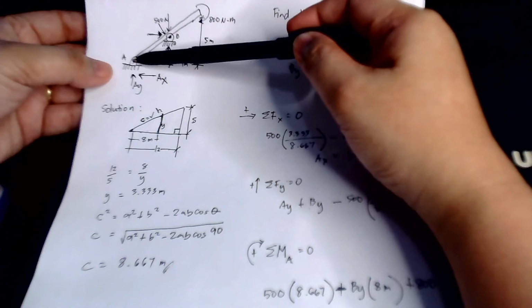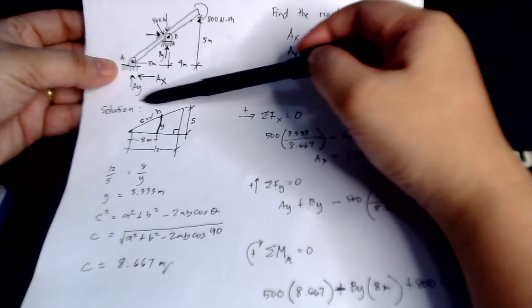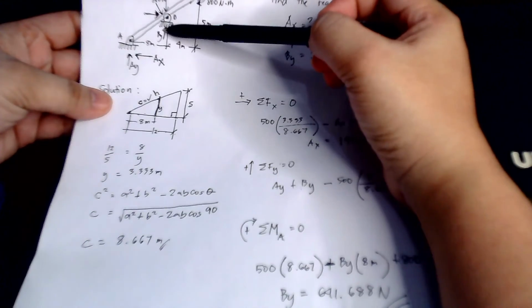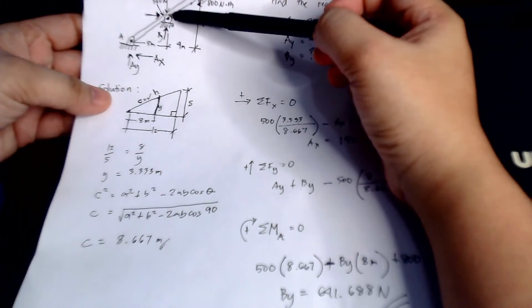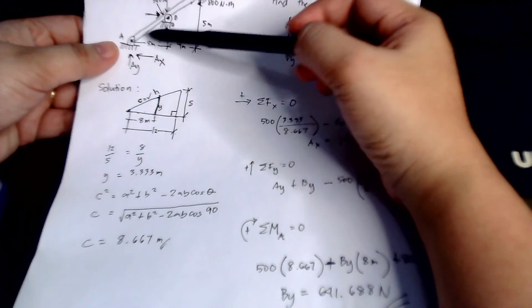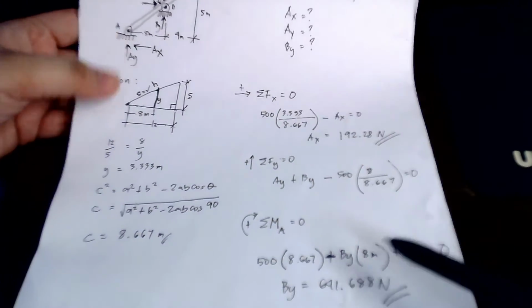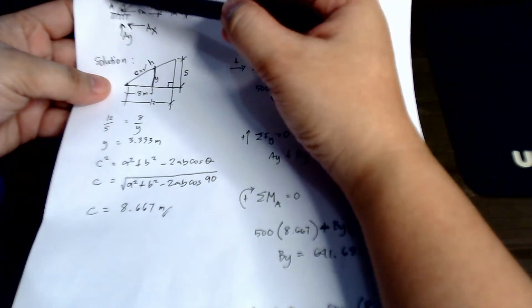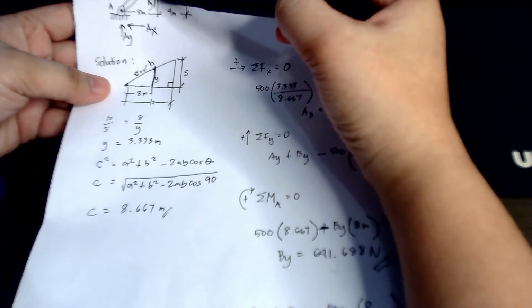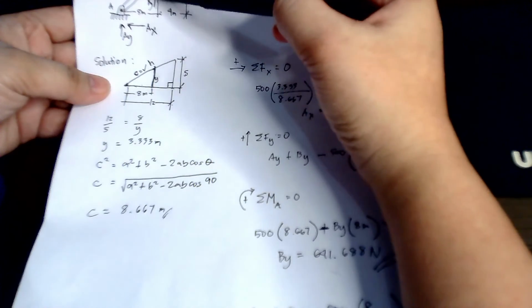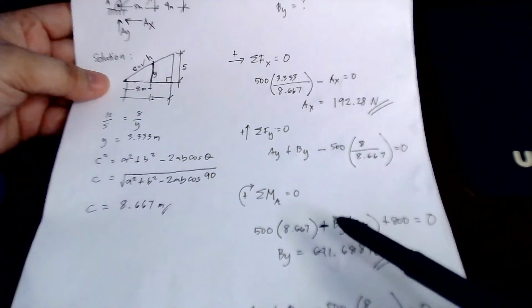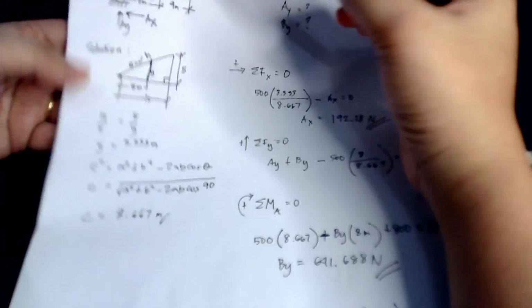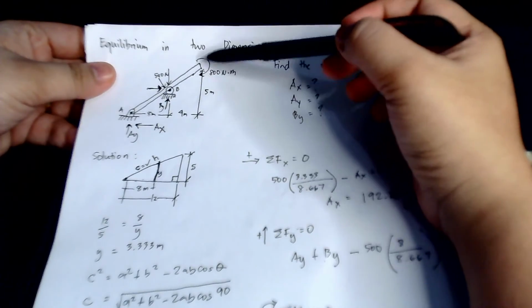For BY, the distance from A is 8 meters, so you have minus, since this one tends to rotate counterclockwise, and 800 since it is clockwise.